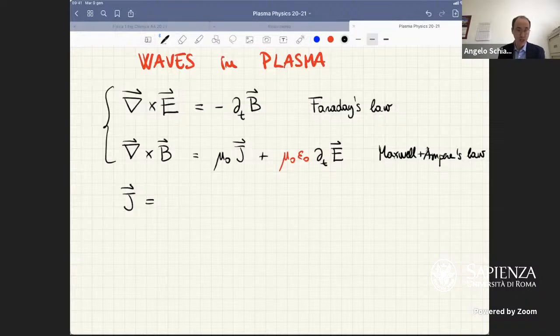We say that J is equal to sigma, the electric conductivity, times E, the electric field in the plasma. This is the equation that allows us to close the system of equations: the microscopic Ohm's law.